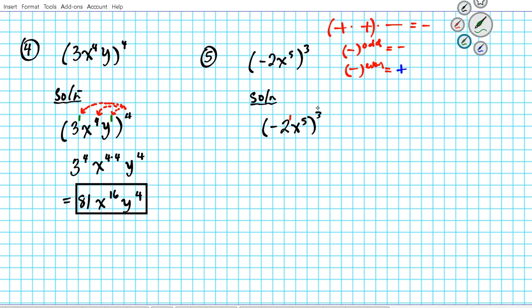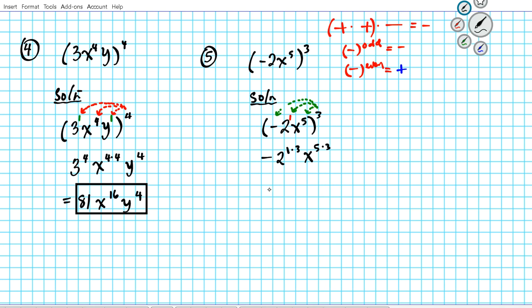So the 3 will be distributed to the negative sign. It will be distributed to 1 and to 5. Now when you distribute 3 to the negative sign, basically negative raised to a 3rd power is going to be negative because 3 is odd. And then times 2 to the 1 times 3 times x to the 5 times 3.